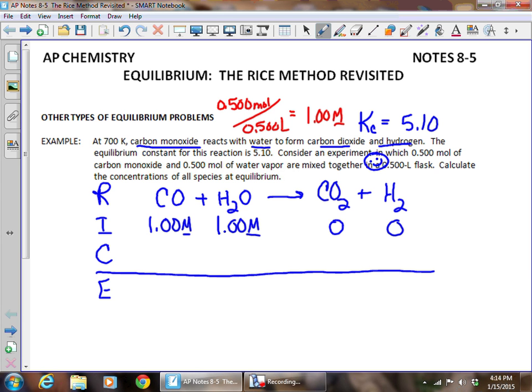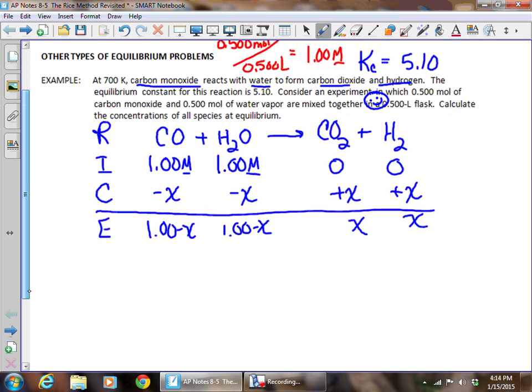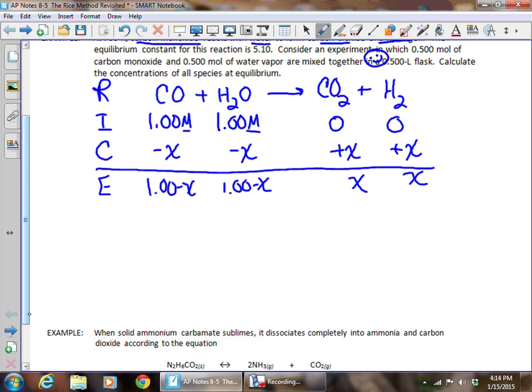Since this is a one-to-one reaction all the way through, we're going to be losing carbon monoxide and water, and at the same time we're gaining CO2 and hydrogen. So our equilibrium values are going to be 1.00 minus x, 1.00 minus x, x, and x. Let's go on and write our equilibrium expression.